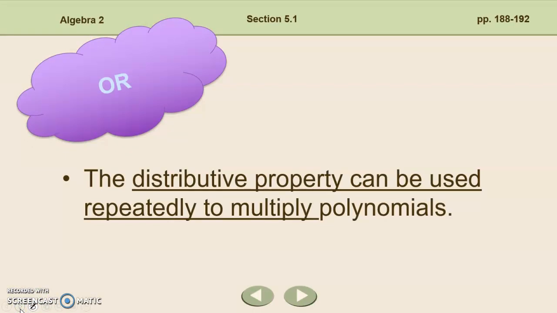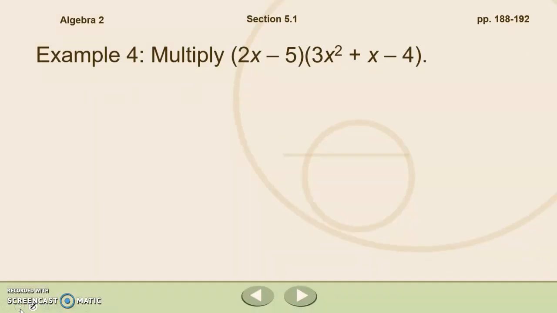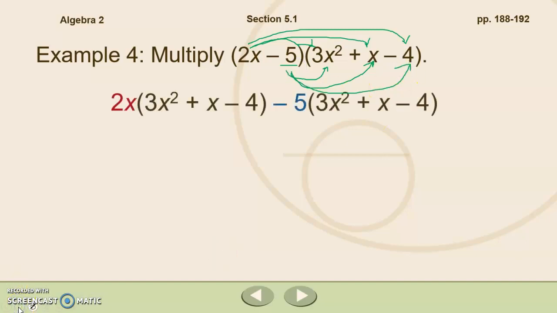The distributive property can be used repeatedly to multiply polynomials if you don't like that previous example. So we can take 2x times each of these terms here, and then take negative 5 times each of these terms, negative 5 times x, and negative 5 times negative 4, and then combine like terms.